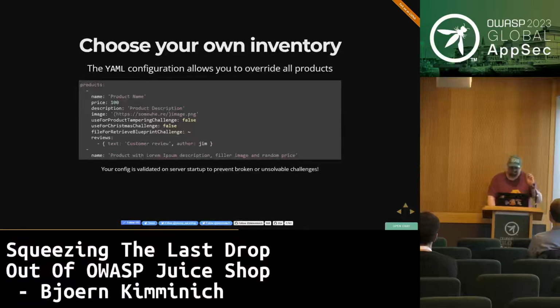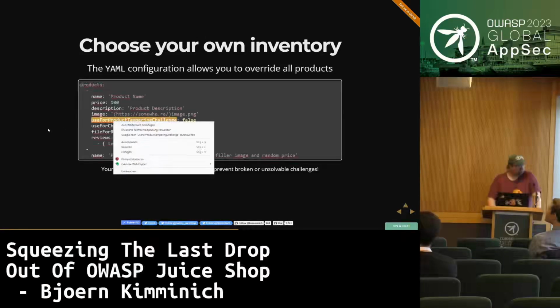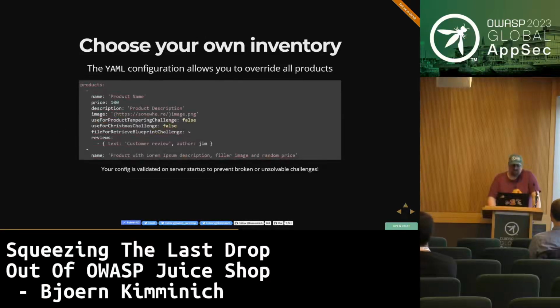It also has some properties which seem a little weird or unclear as to what they actually do. These are properties needed for the hacking challenges. If you reconfigure the product list without knowing what you're doing, you will probably break a lot of challenges. But Juice Shop makes sure that you can't start the application with a broken config.